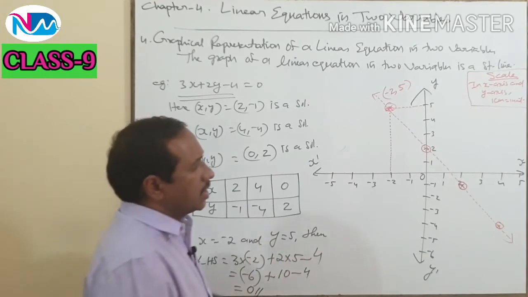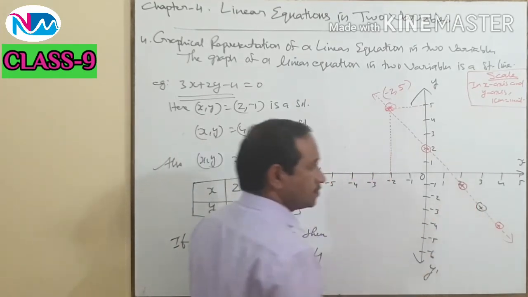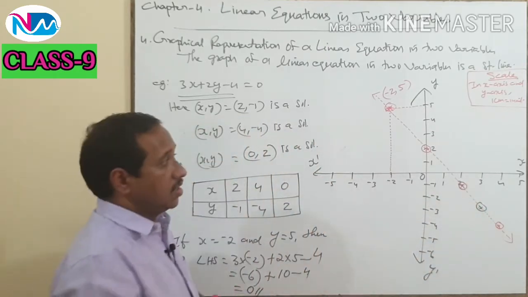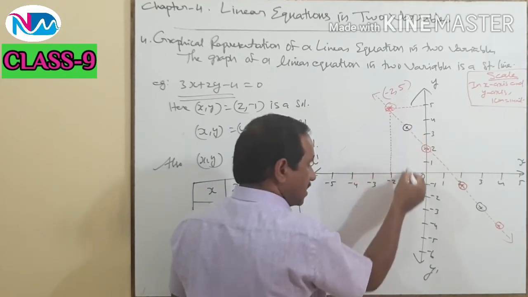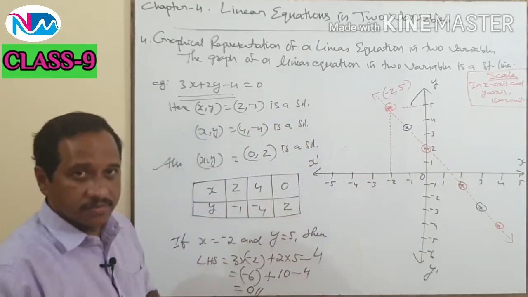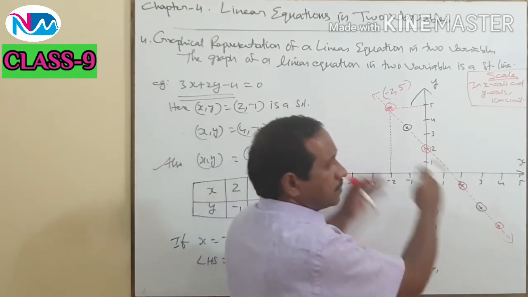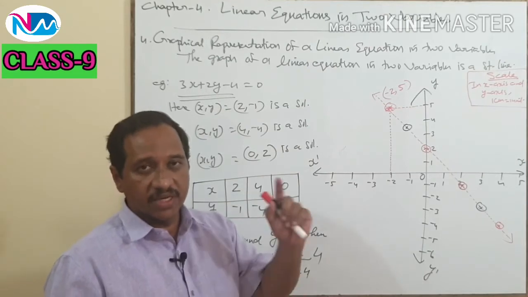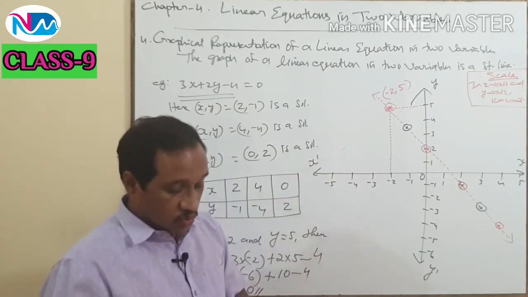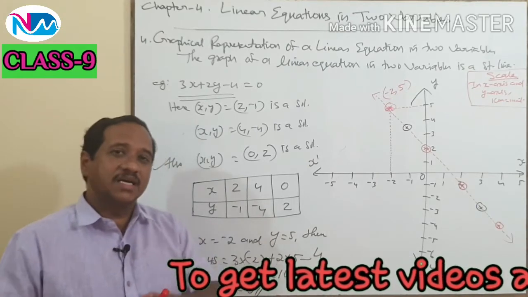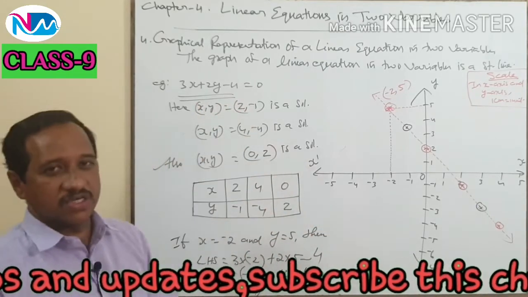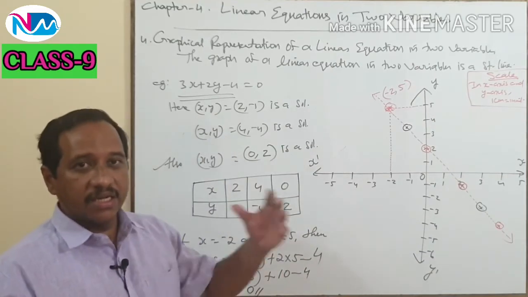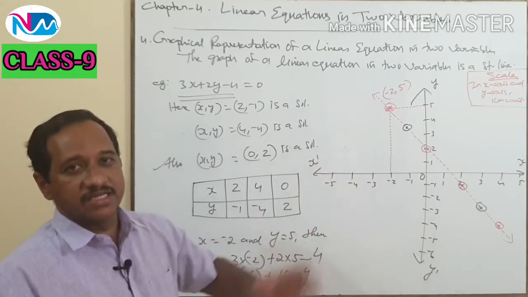If you take any point here, then its x coordinate and y coordinate will be a solution. If you take a point here, then its x coordinate and y coordinate will be a solution. In this way, if you take any point on this straight line, that will be a solution of the respective linear equation in two variables. So I hope you understood the graphical representation of a linear equation in two variables and how to represent it in a Cartesian plane.